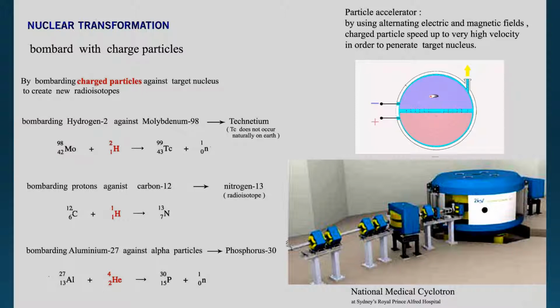They change the charge again and again. This way, they can increase the speed until it is fast enough to shoot the target. So this is how the particle accelerator works.